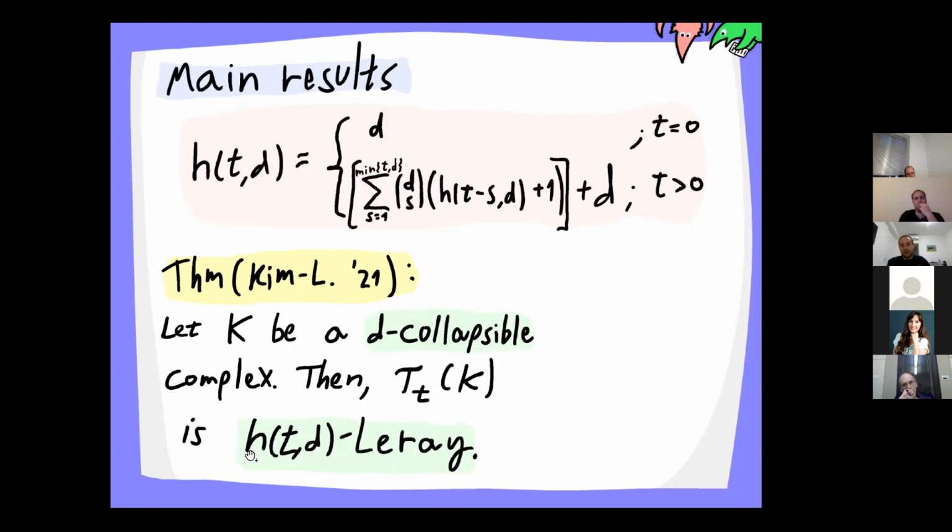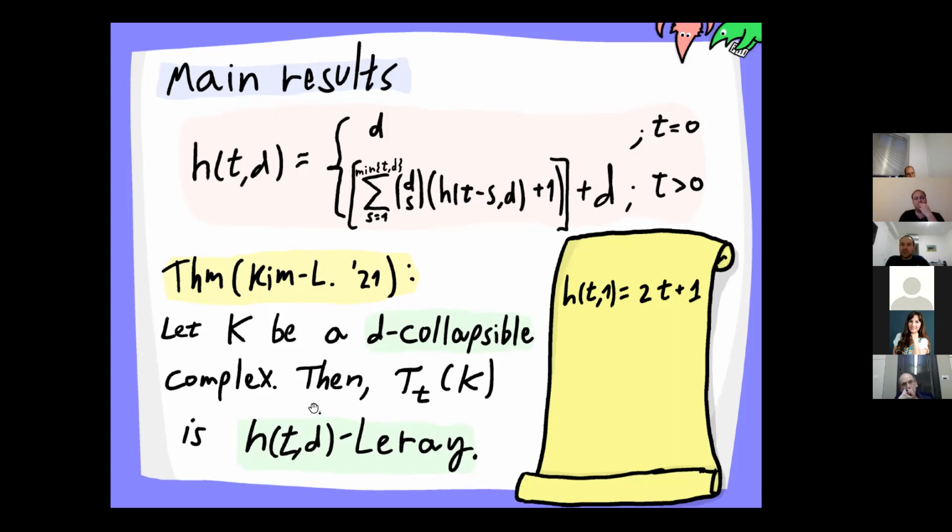Okay, but in some special cases, the bound we obtain here is not too bad. For example, for d equals 1, we obtain a bound of 2t plus 1, which is exactly the bound in the conjecture. So this is really the optimal bound.